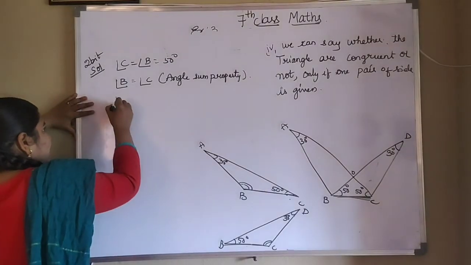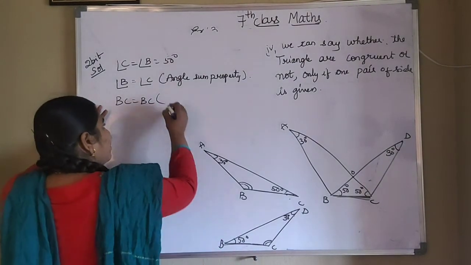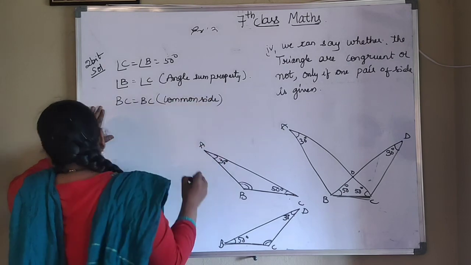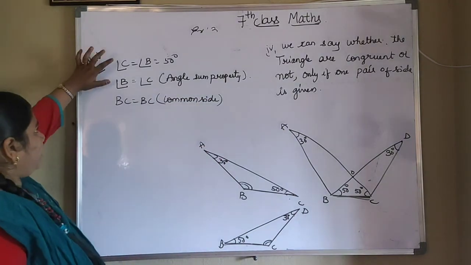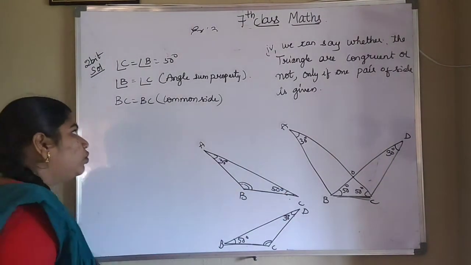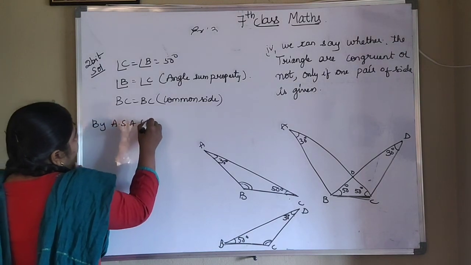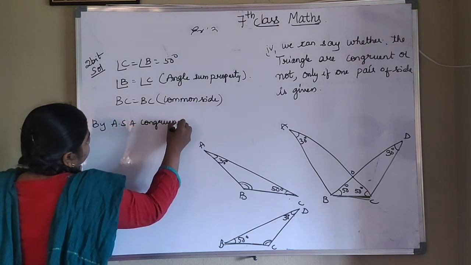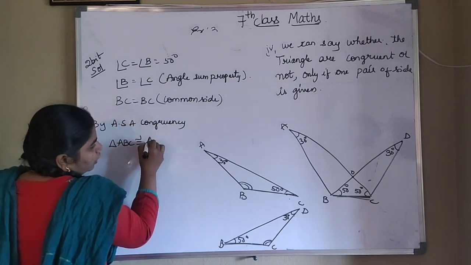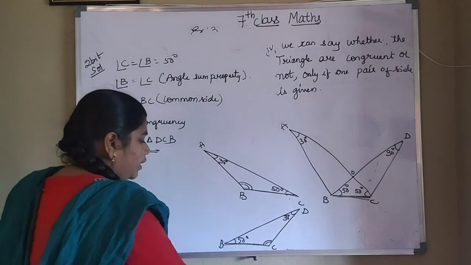And we can write BC is equal to BC, a common side for both the triangles. By using ASA congruency, triangle ABC is congruent to triangle DCB. So we can say these two triangles are congruent to each other.